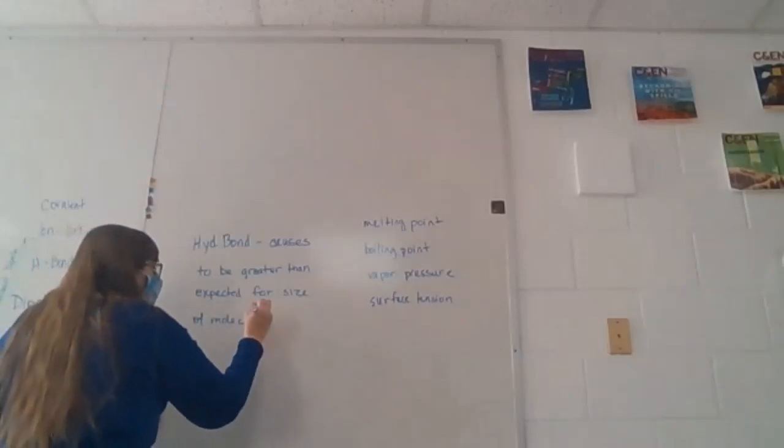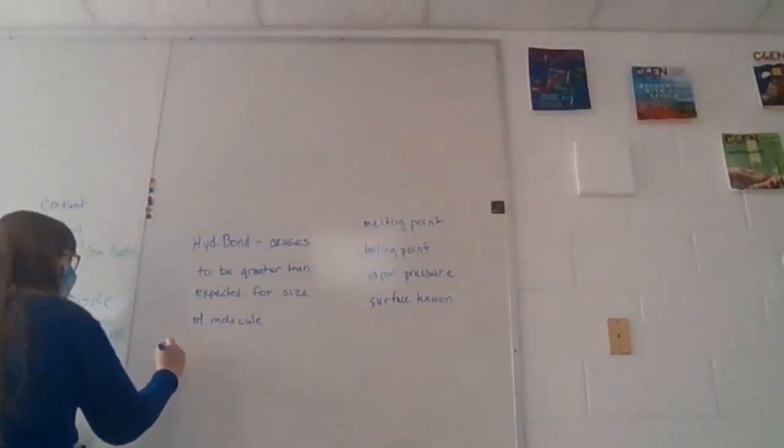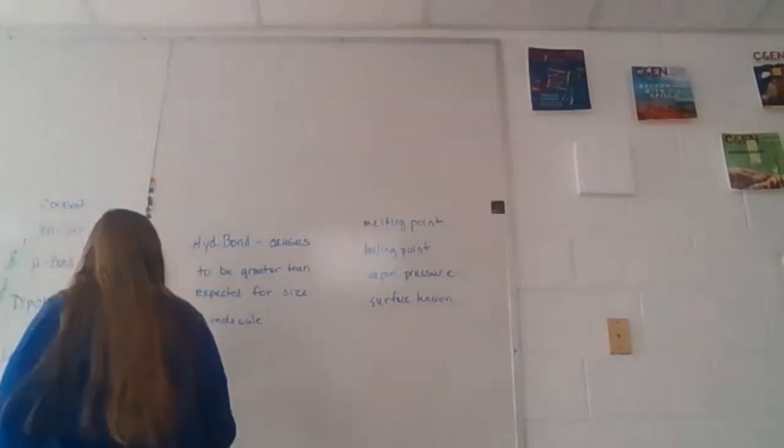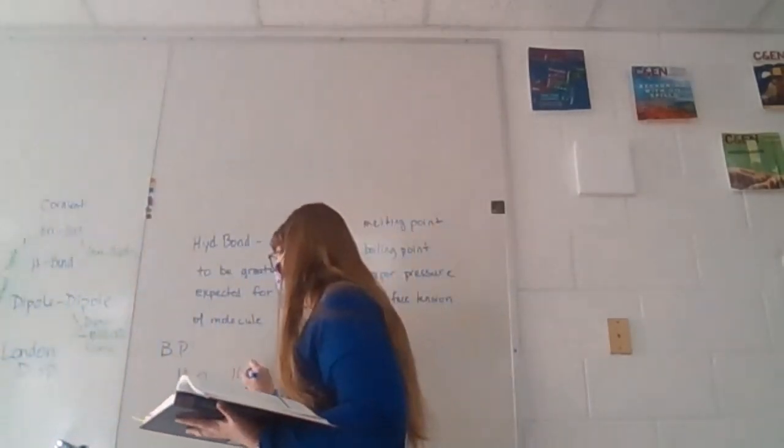So one example, if you go back on my old exams and quizzes, I often ask a question like this. They have a table in your book that shows the boiling point of several different chemicals. If I look at water, what's the boiling point? 100 degrees Celsius.